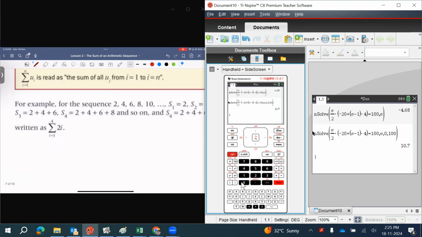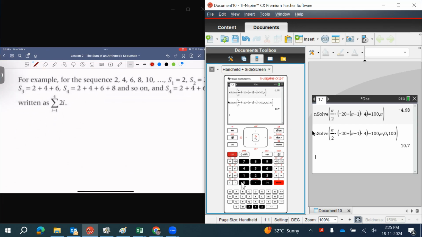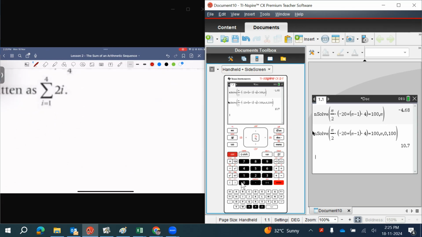Let me show you how you can use it. So if we have this written here, what does this mean? We have this mathematical notation here.